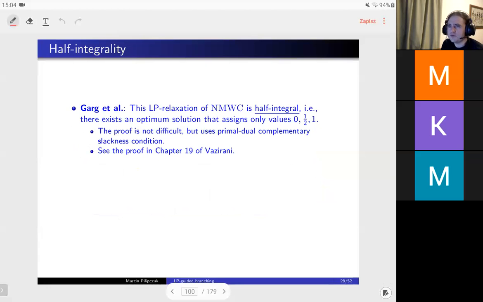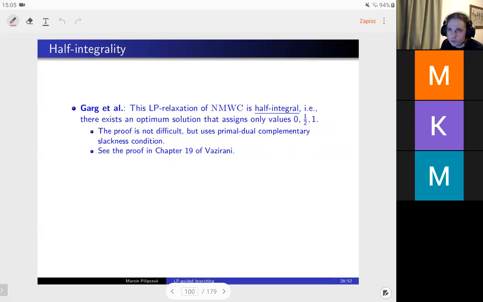It's not a very difficult proof, but you need to play for a while with primal-dual complementary slackness, which is something we train you in on the Logarithmica course. I decided not to do it here because it's not really the topic of this course and you need some fluency with slackness conditions. It would take me half an hour to get everybody on the same page. Some of you attended Logarithmica, some of you didn't, so I want to skip this.